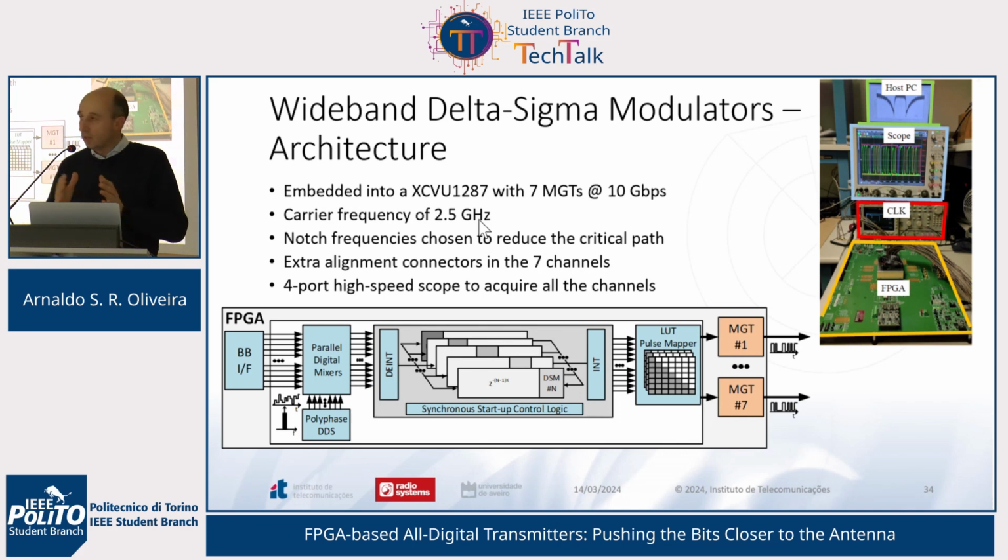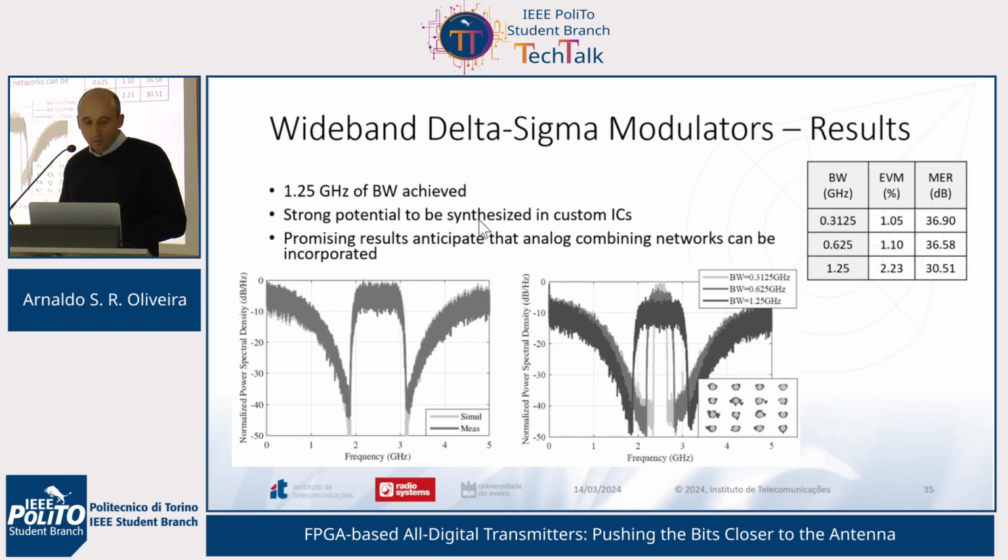The delays were balanced using different delay lines, and as a result we were able to reach 1.25 gigahertz of bandwidth, which is a considerable bandwidth for something that is done entirely in the digital world with a pulse modulator. This was the limit we achieved at that time.